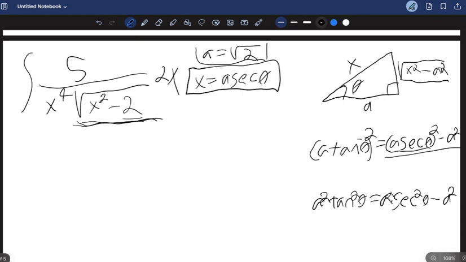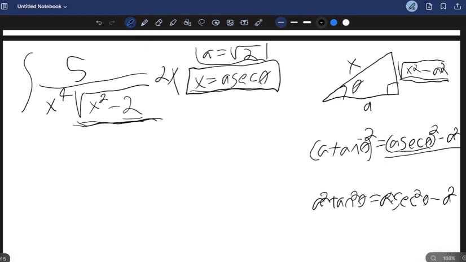Now from here, there's two ways you can go about this, depending on really what you remember. You can either go ahead and make your substitution for x, and then see what you can do here. Or I can look at my triangle and see that I have the radical I want, and think about what function I can use to get that radical. We have the radical as the opposite side, and we can do that over the adjacent side to get tan.